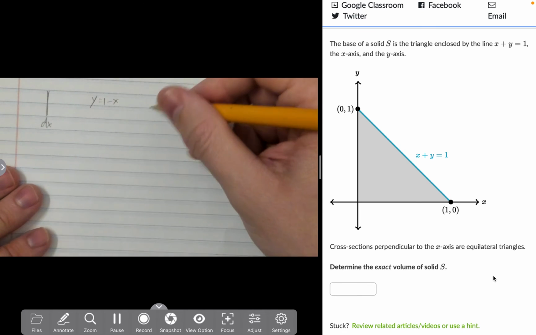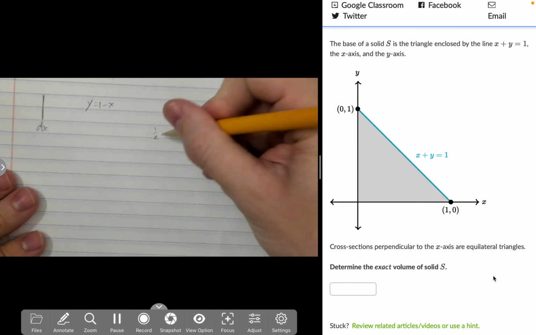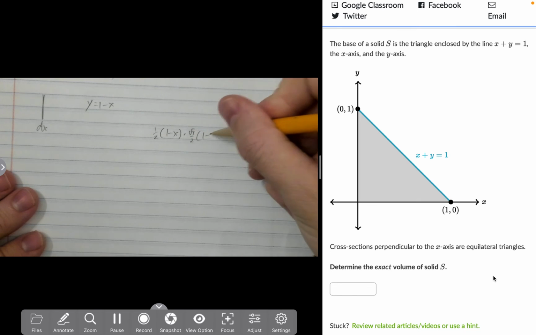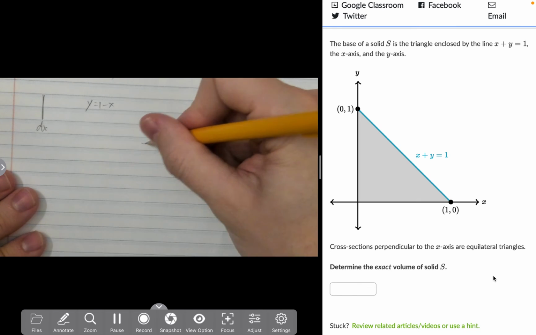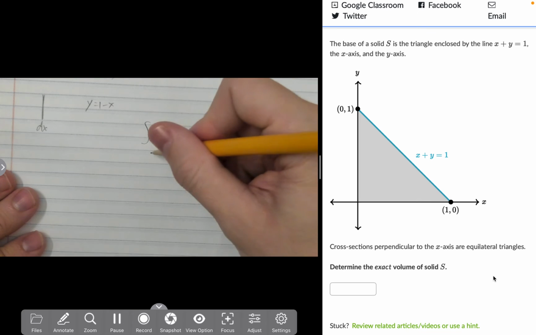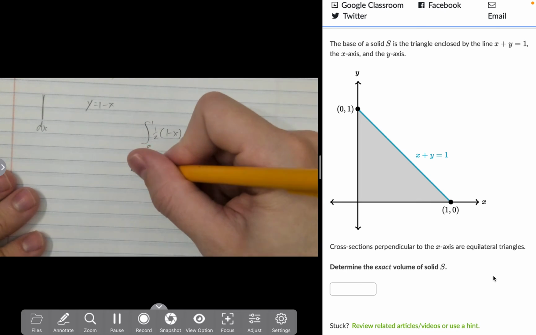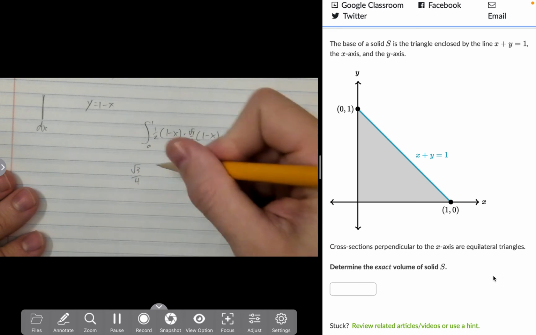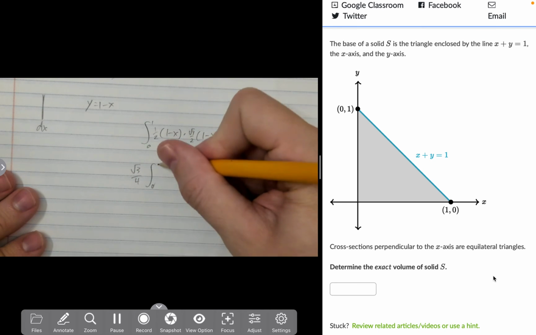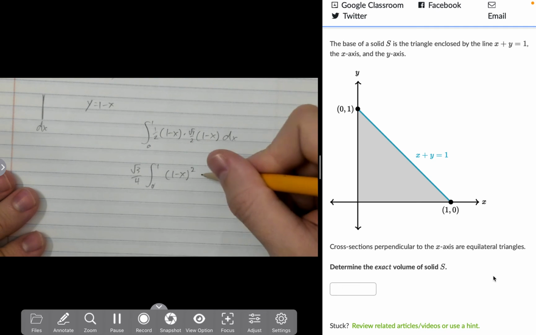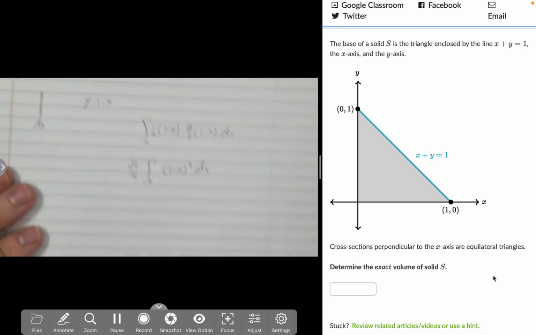That base distance is 1 minus x, so I've got 1/2 times 1 minus x times square root 3 over 2 of 1 minus x, all in an integral from 0 to 1. So in simplifying that, again, there's that root 3 over 4, and then I've got a 1 minus x squared dx.